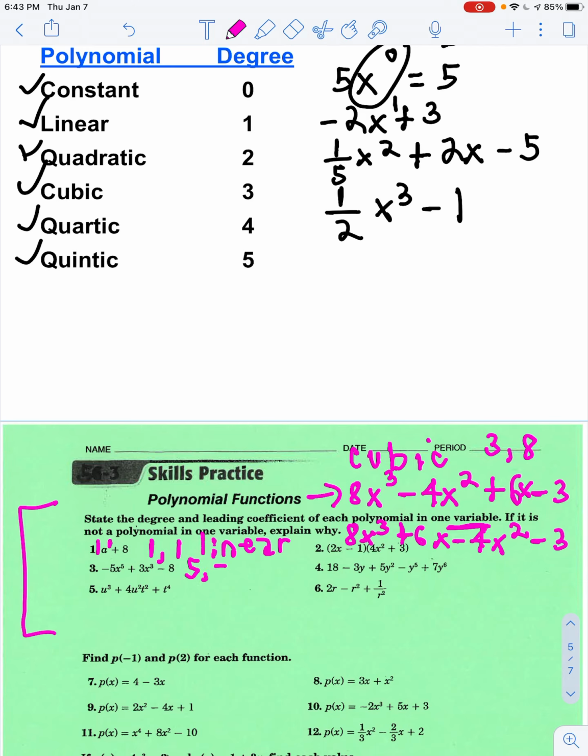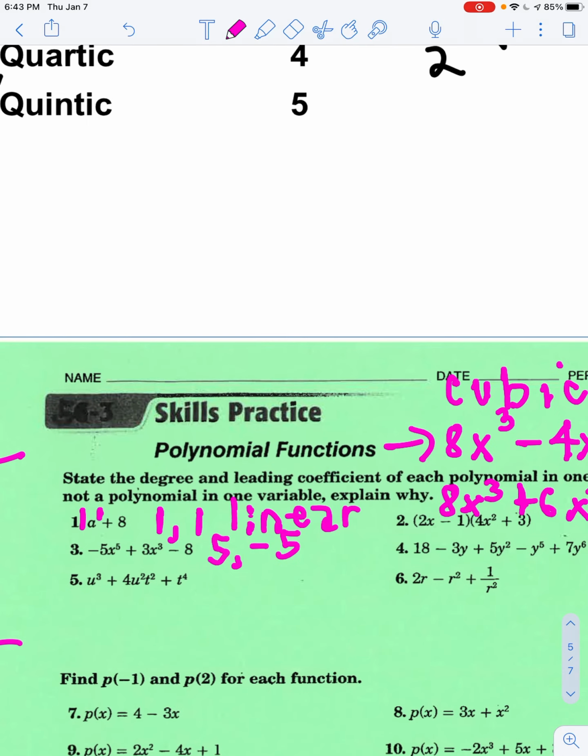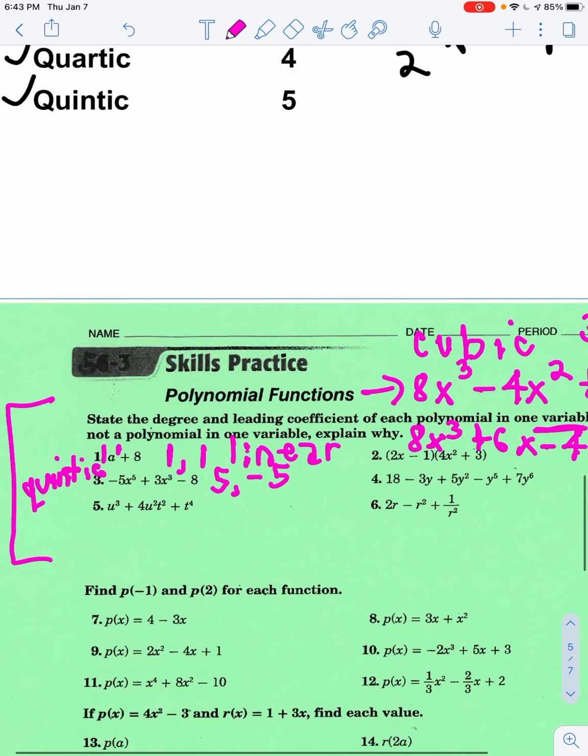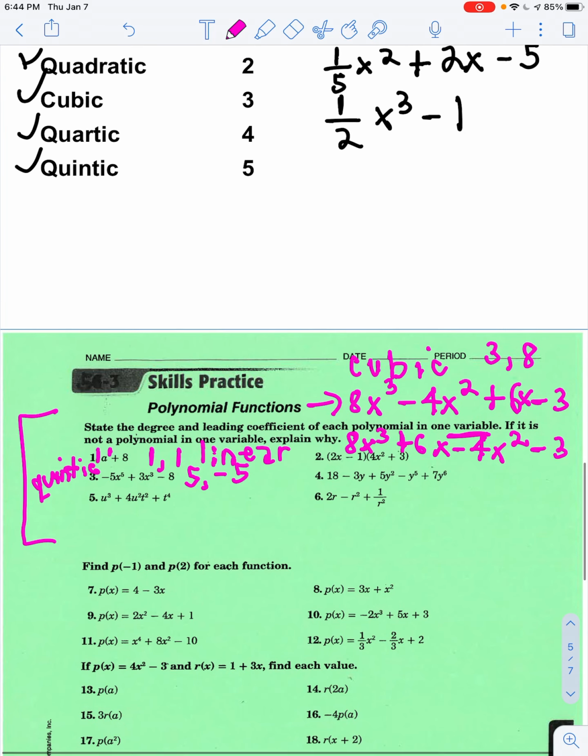And its leading coefficient is negative 5. And as far as what it would be called, it looks like it is a quintic, degree 5 there. So I can call that a quintic.